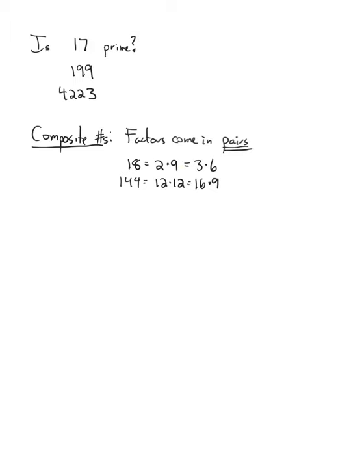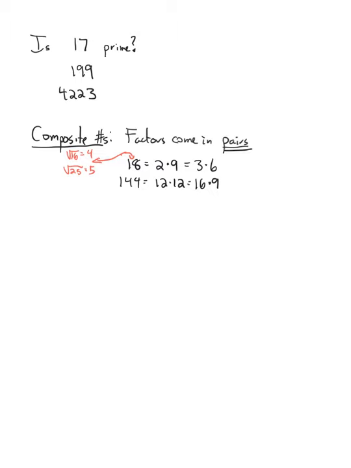So you can check the square root of 18 via your calculator if you like, but you can also just kind of estimate it. I know the square root of 16 is 4. I know the square root of 25 is 5. So the square root of 18 is going to be somewhere between 4 and 5.